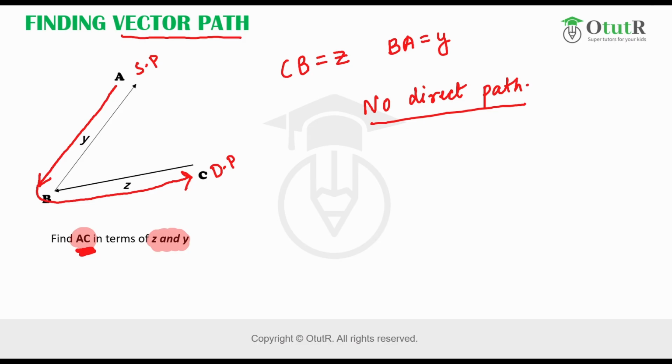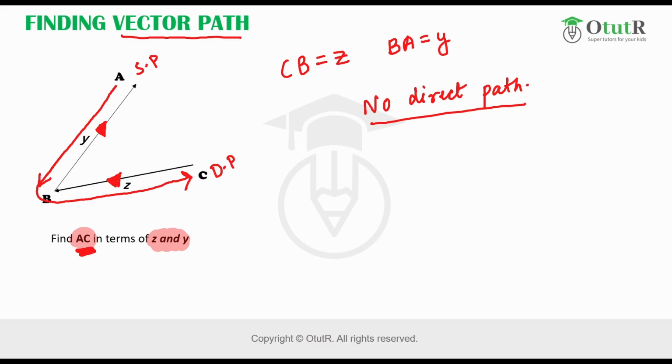Now see one thing very clearly. The vector BA has a direction opposite to the side we are trying to travel, right? The same goes for the vector CB. It also has a direction opposite to the direction that we want to travel in.